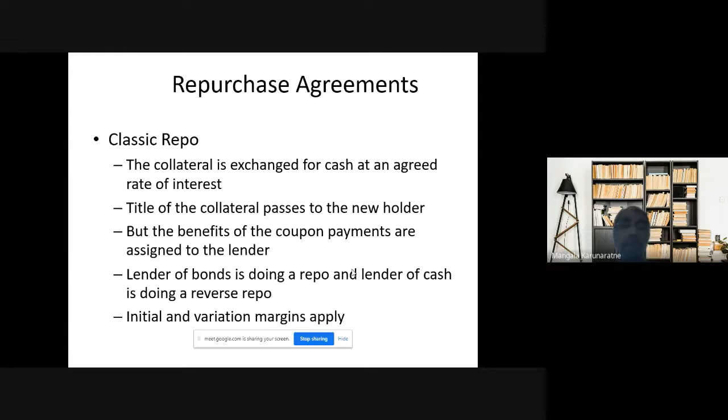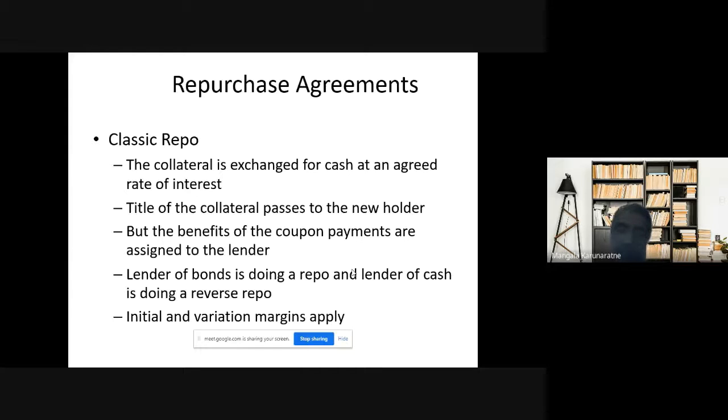So now going back to the second point, I have mentioned here that the title of the collateral, or the title of the security, passes to the new holder. How does this happen? Now we have this central depository system in our settlement system, that is the Scripless Security Settlement System, SSSS, which came into effect in February 2004, right?